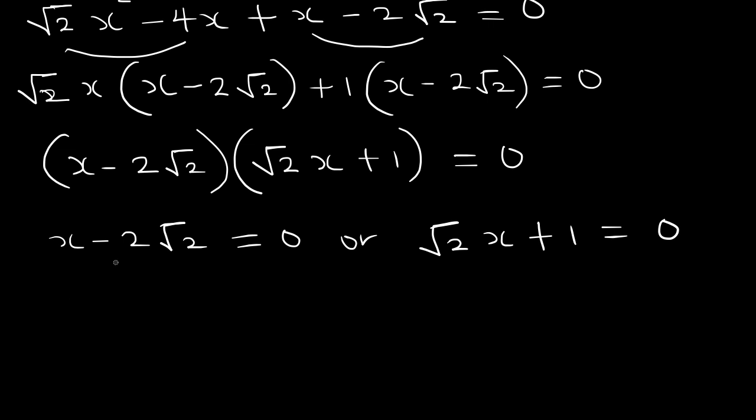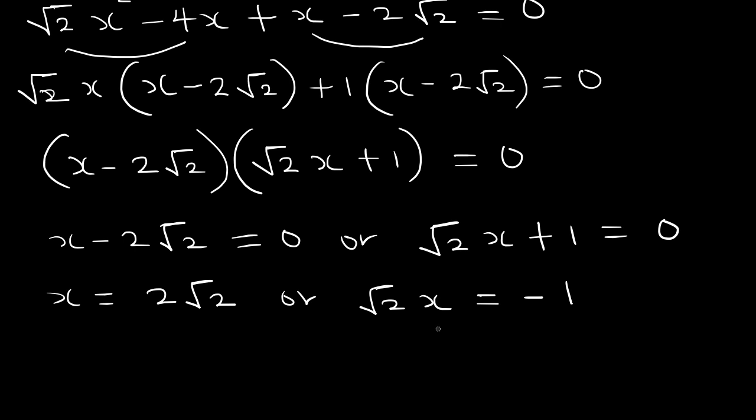Now, if we move minus 2 root 2 to the right hand side, we'll have that x is equal to 2 root 2, or, for root 2x, we'll move plus 1 to the right hand side, and the sign will change to negative 1. Okay, we are done with this, so let's work on this second root.